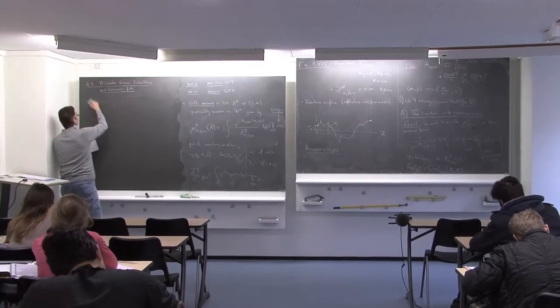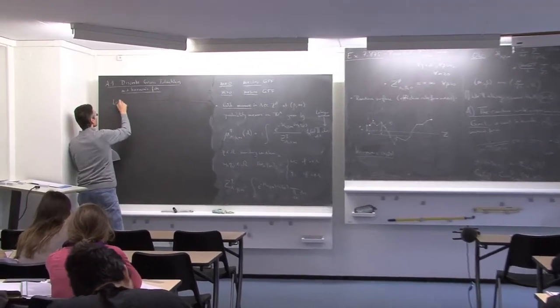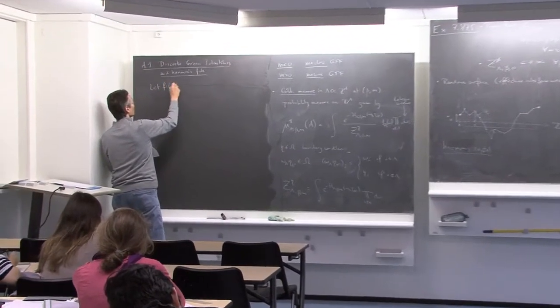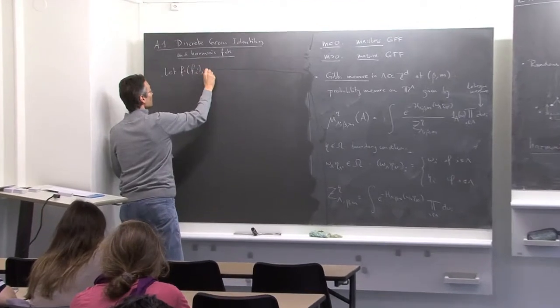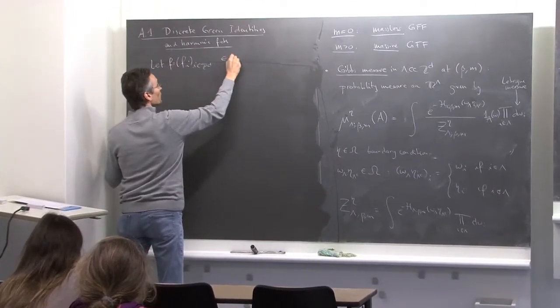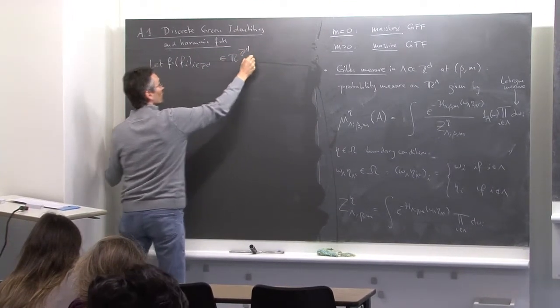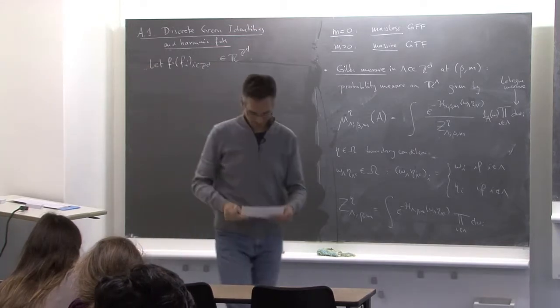So let's consider some collection F equal Fi, i in Z^d. It's a collection of real numbers, so it's an element of R to the Z^d. Okay.